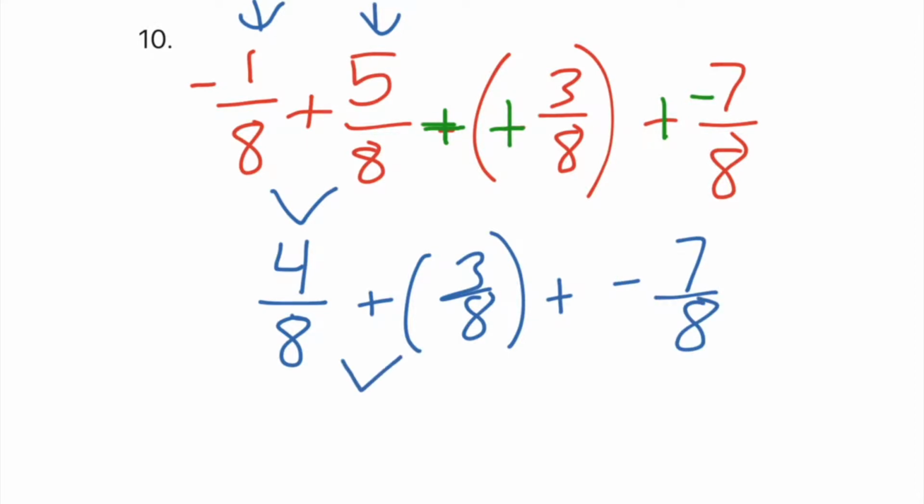Again, I'm just going to go left to right. So we have 4/8 plus 3/8. That's going to be 7/8 plus a negative 7/8. Well, since the signs are different, we have to find the difference. So 7/8 minus 7/8 is just going to be 0. And that's your final answer.